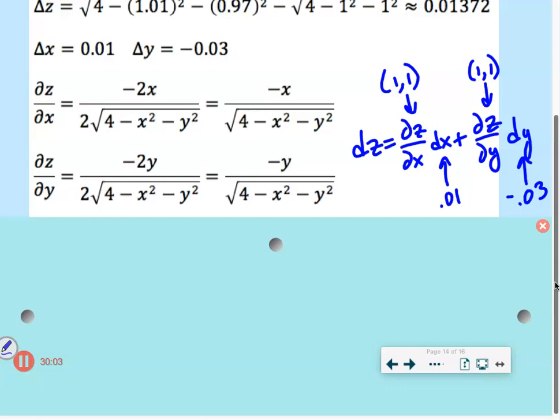This is just the partial derivative with respect to x. How do you write the partial derivative of z with respect to x? Del z del x, some weird fraction. So the total equation is the partial derivative with respect to x times dx plus the partial derivative with respect to y times dy.